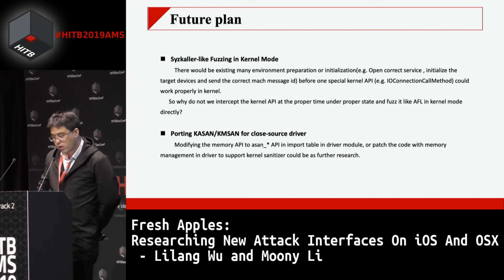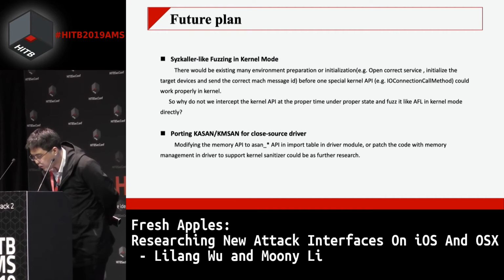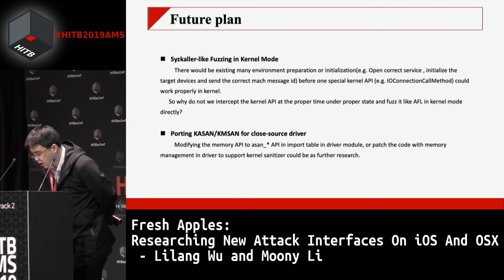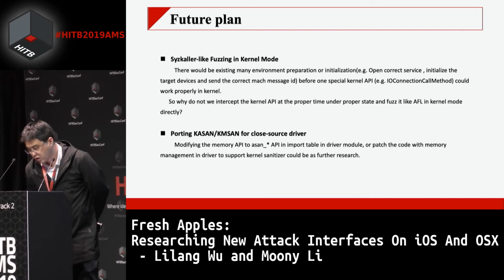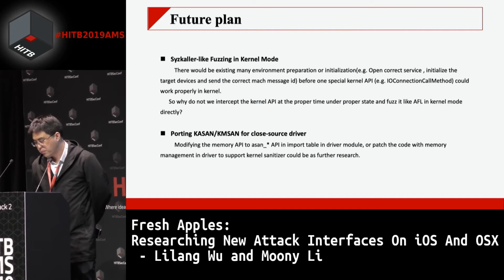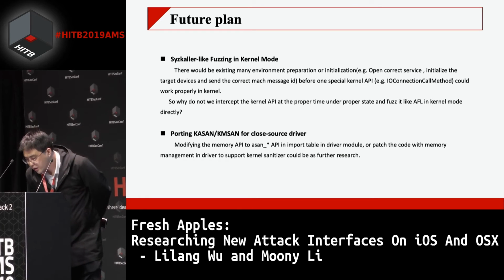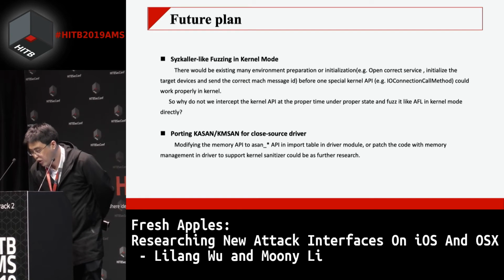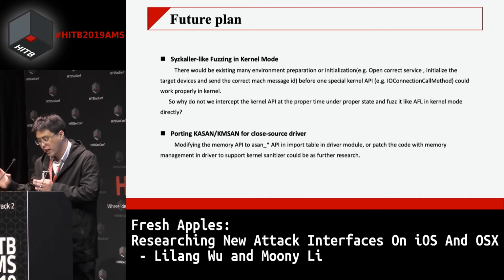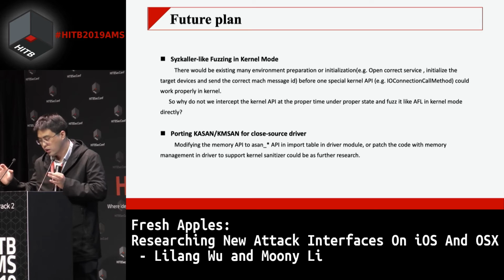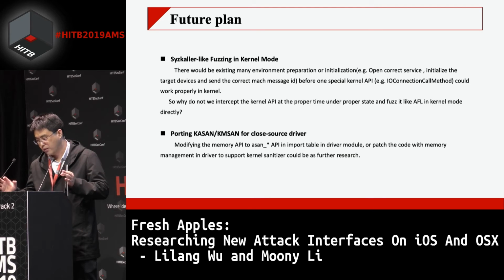And for our future plan, we can see this is like fuzzing in the kernel mode. As we know, the runtime environment in the kernel would be complex. There would be many environment preparations or initializations. For example, open the service, initialize the target devices, and send the correct match message ID before one special kernel API, such as an external method, could work properly.